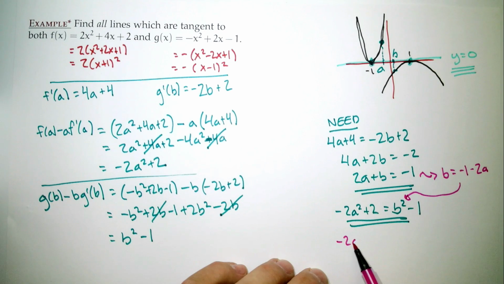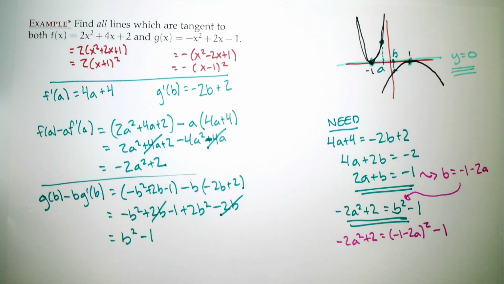So minus 2a squared plus 2 is going to be equal to minus 1 minus 2a, squared, minus 1. All right. This is good. We're getting closer. Square that out. The cross terms will be plus 4a, and then plus 4a squared, and then minus 1.